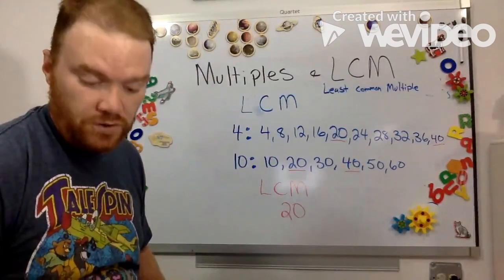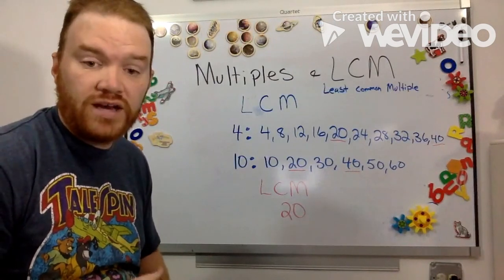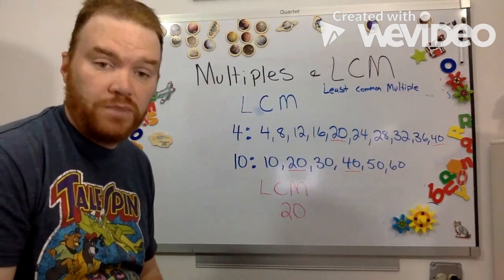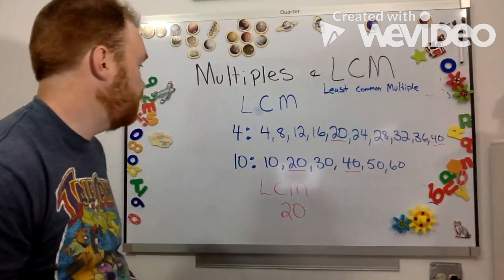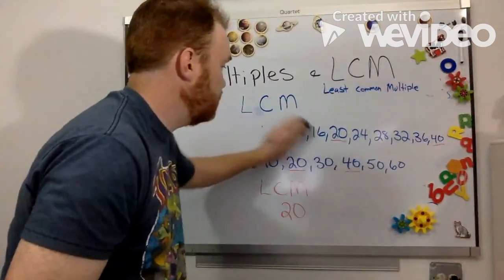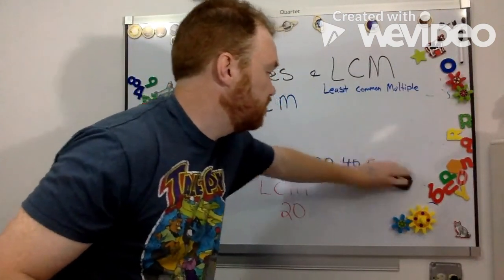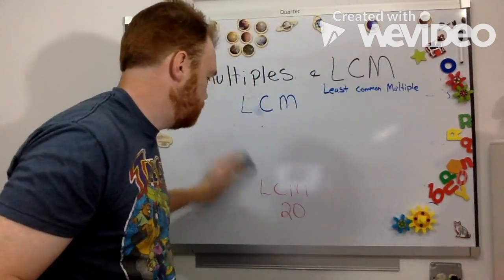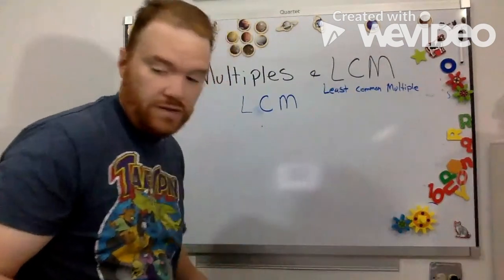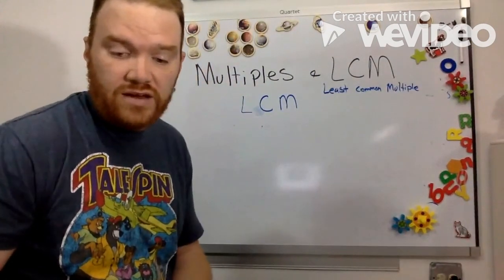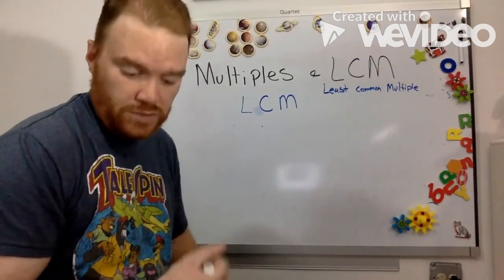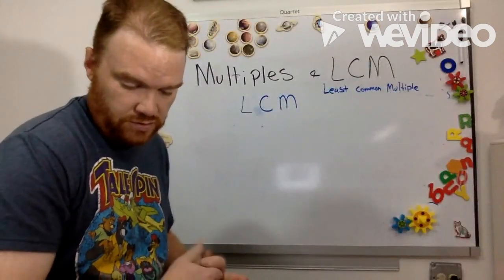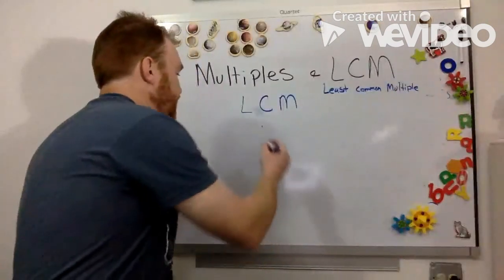Now I'm going to give you another moment to pause and find the least common multiple of two other numbers. I'm going to erase this. Go ahead and find the LCM of 12 and 9.